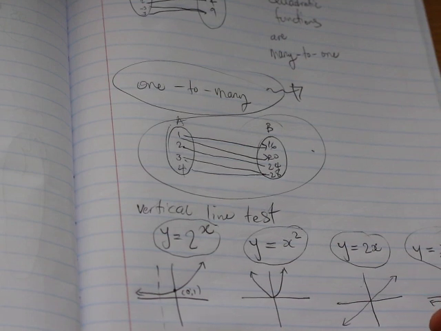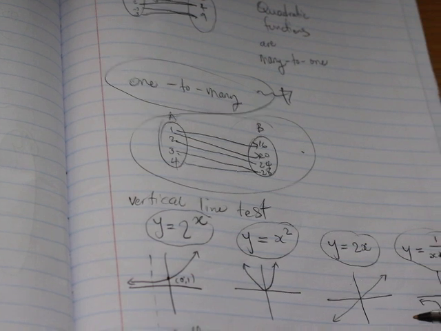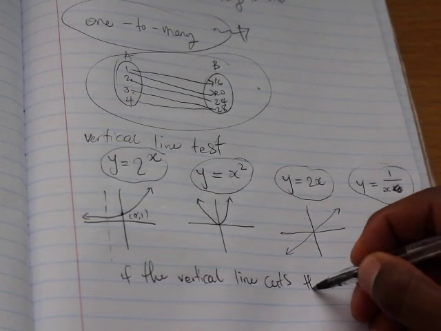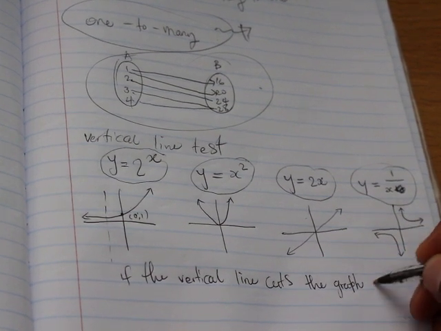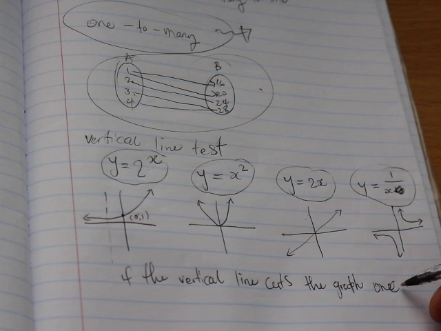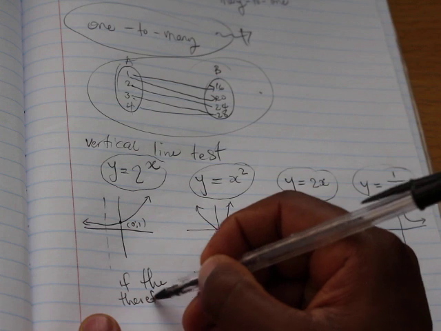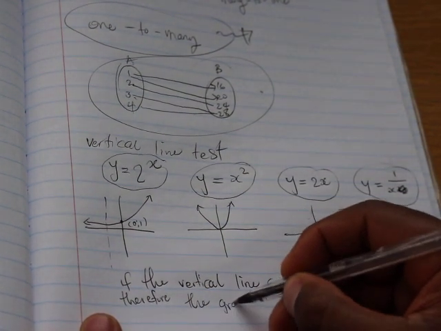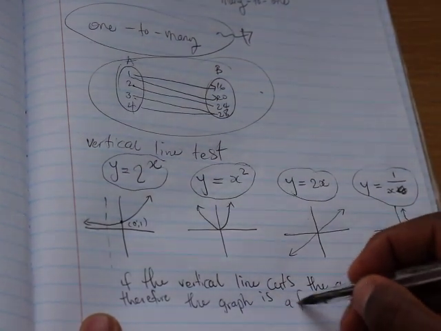So if the vertical line cuts the graph once, therefore the graph is a function.